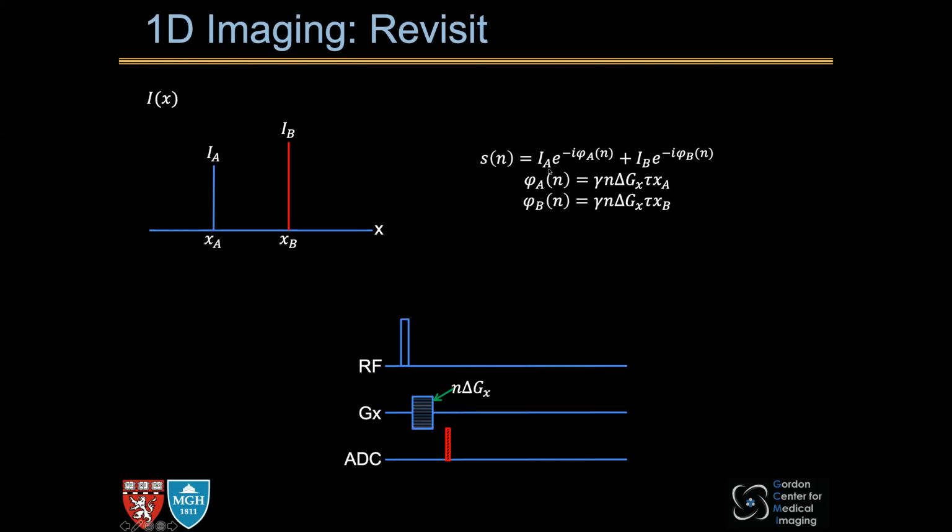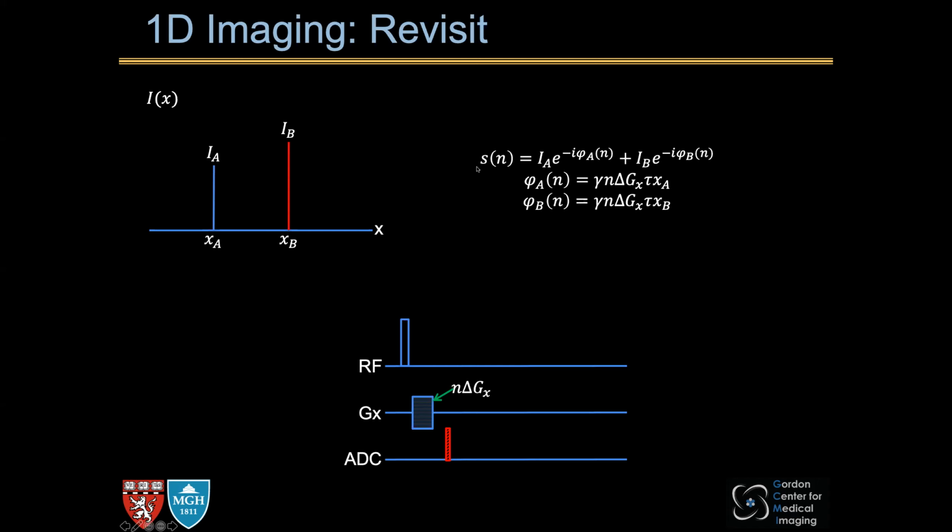Okay, let's look at how the signal looks. Again, the signals from these two point sources now have different phases, because while the gradient is turned on, the point sources here and here rotate at different frequencies, which accumulate different amounts of phase over the same period of time.